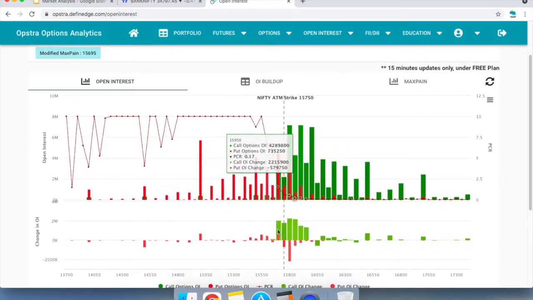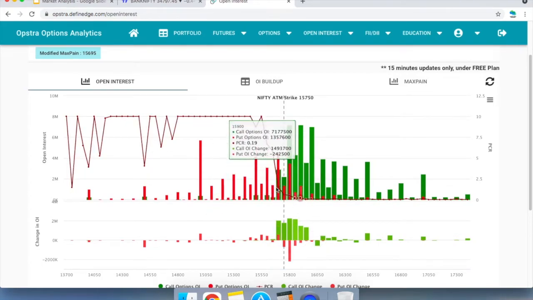If you look at the change in open interest on the bottom side, it shows a huge buildup of resistance that's happened at 15,700, 15,800, 750, 800, 850, 900, and 950. So this entire thing is the change in open interest that happened today.